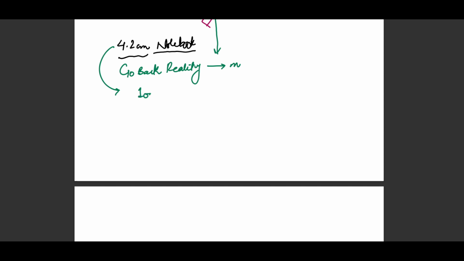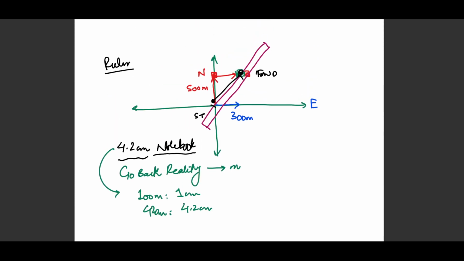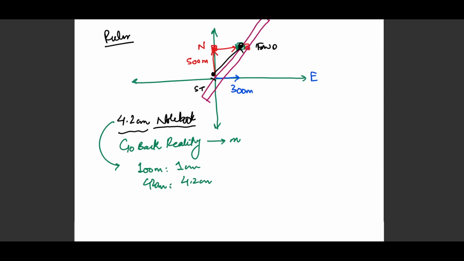So I know that 100 meters were representing 1 centimeter. So my 4.2 centimeters would be representing how much? You can cross multiply or you can just calculate it mentally. This would come out as 420 meters, right? So this is a hypothetical situation. What you should do is solve this on your notebook and find out the correct and accurate answer, right?